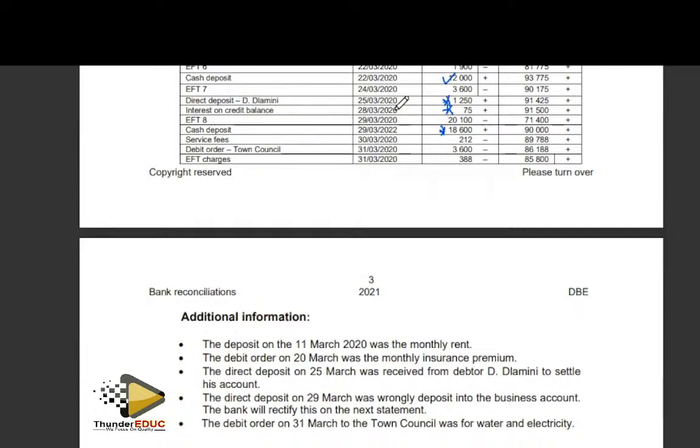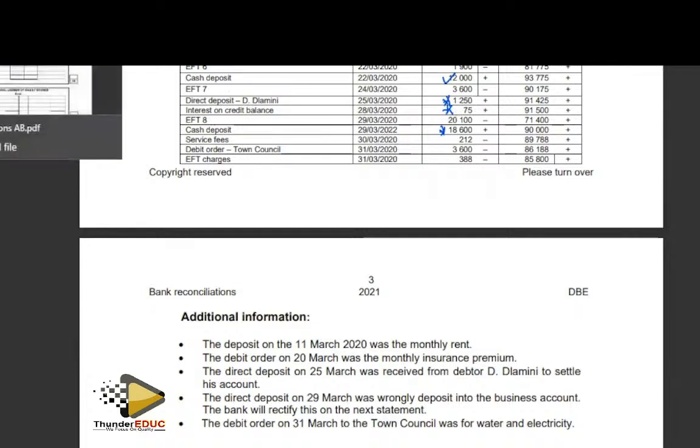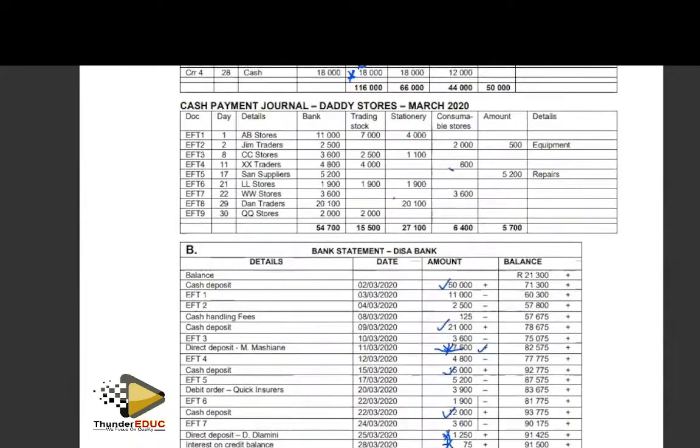Remember, whenever you keep money on your account, they always give you interest. Interest is that amount you earn because of keeping money on your account, right? So the banker gave us some interest, we received the interest of 75 rand.